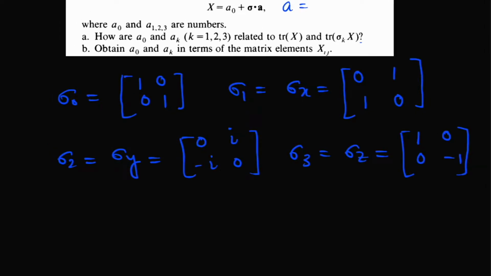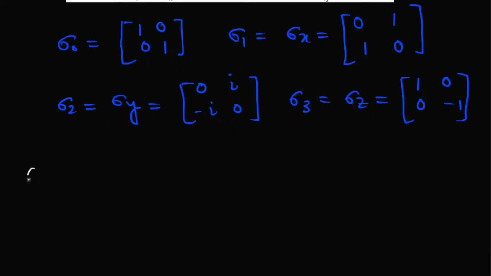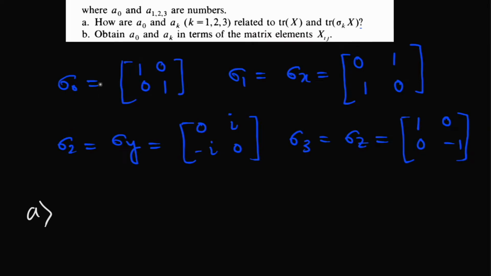Now let us solve question number 2, part A. How are a0 and ak related to the trace of X?